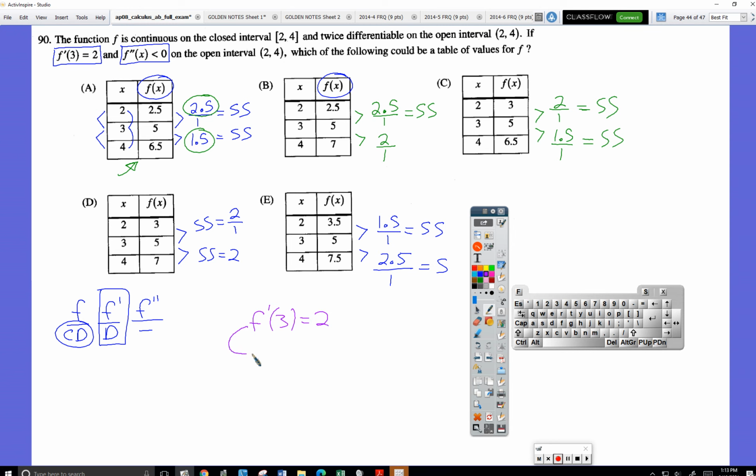This means that the tangent slope of f at an x value of 3 is 2, because f of 3 would be the y value. Then I did the same things with the slopes. I initially chose C because from 3 to 5 there's a slope value of 2, and I thought that fulfilled that requirement.